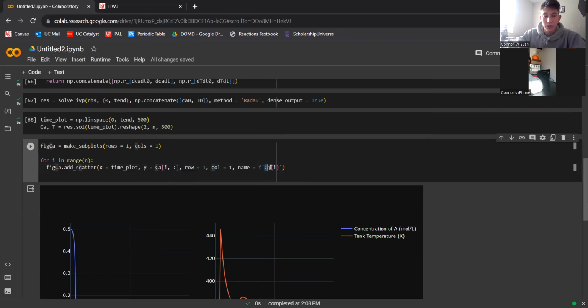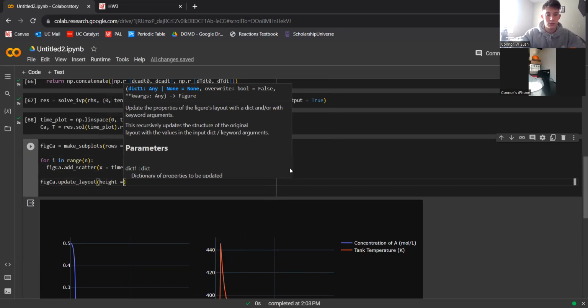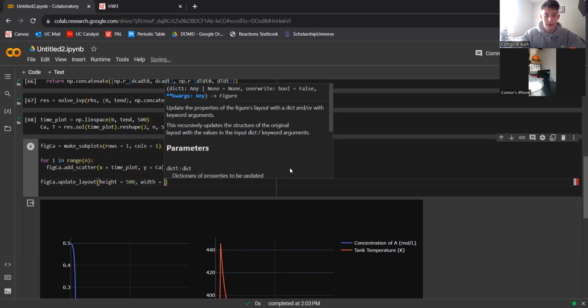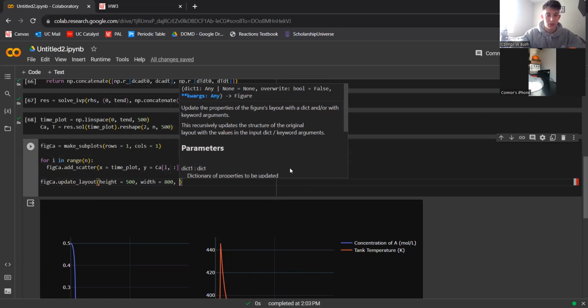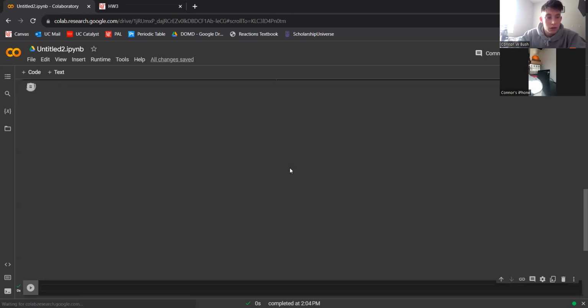So for each point, it's updating and renaming for each iteration, starting from 0. And then we're going to update the layout. So we're going to say height, we'll call it 500, a width of 800. And then, like Carlos, I enjoy the dark sort of template.